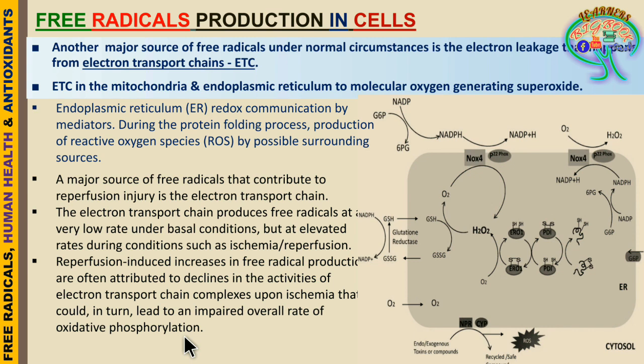Oxidative phosphorylation is one of the main metabolic processes of the mitochondria, but due to ischemia reperfusion injury, the reoxygenation of the blood flow creates such a stimulus on the mitochondria of those cells within the blood vessels that it impairs oxidative phosphorylation.